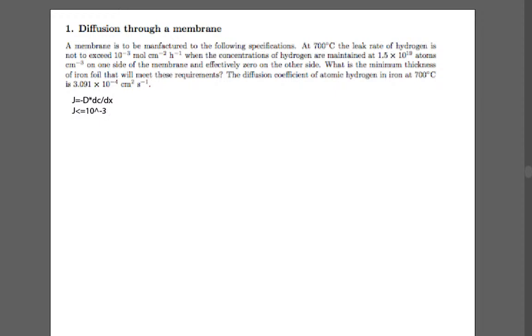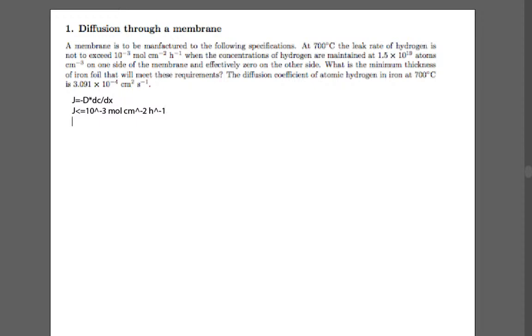Oh wait, remember one thing. We need to make sure that the units will be the same. This is mole centimeter negative 2 h negative 1.